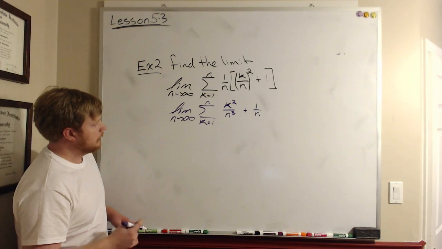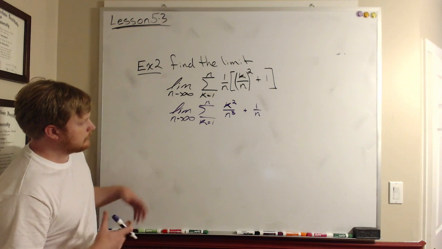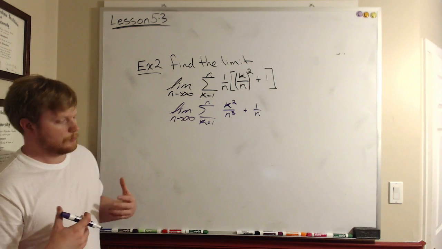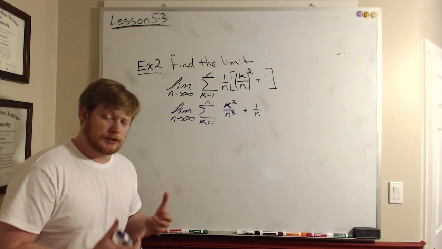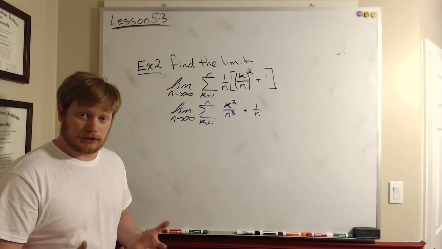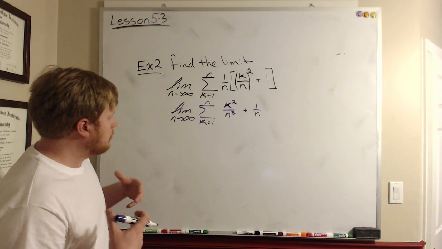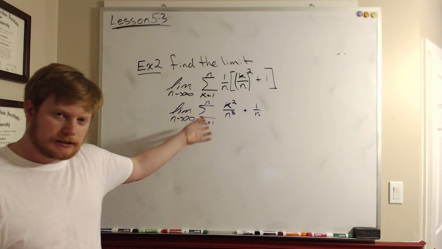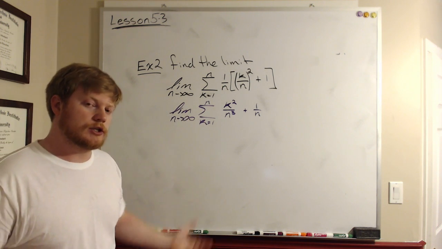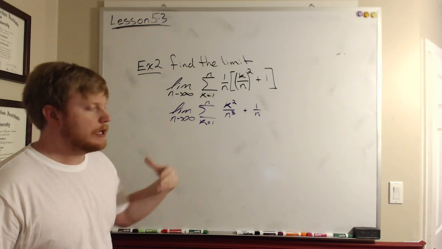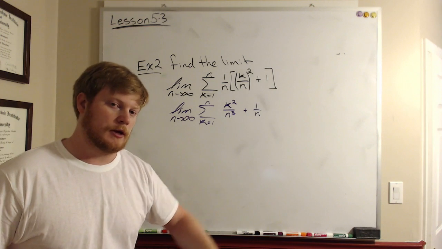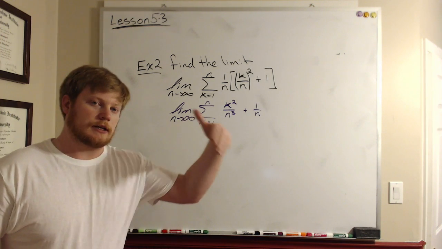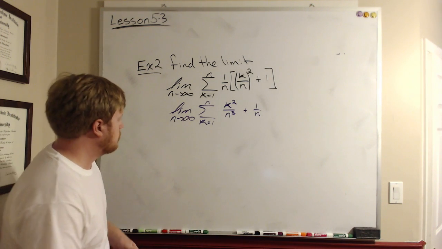Now, with summations, remember we said we could add summations, we can scale summations. The thing that we have to keep in mind is what here is a constant and what here is changing. What is the same in every single term, and what is different in each term of the sequence. Okay?